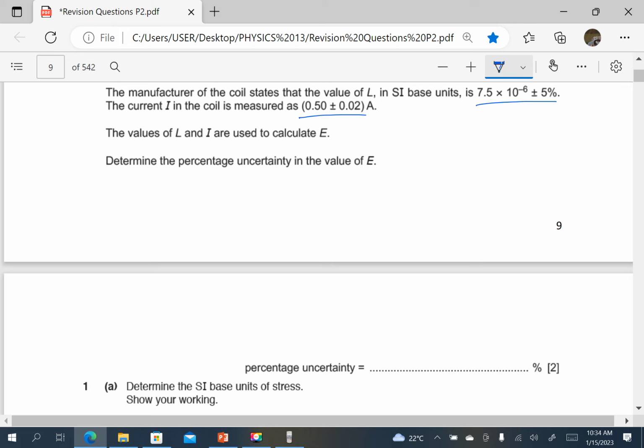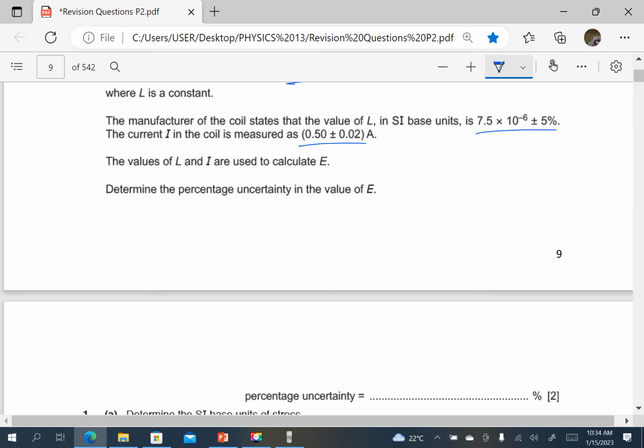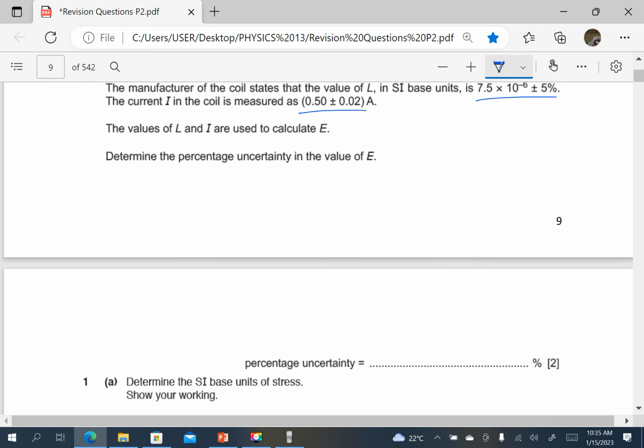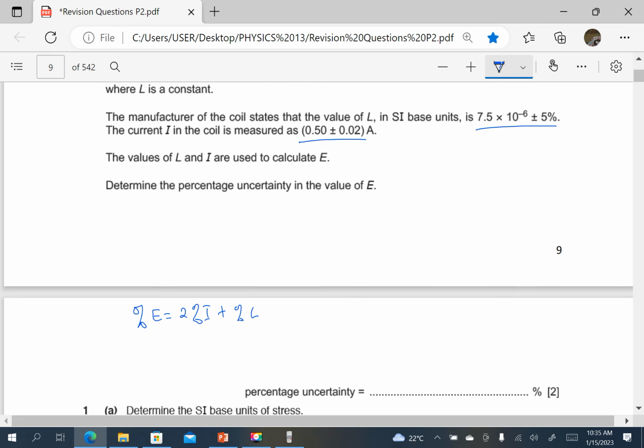Okay, so we want the percentage uncertainty in the value of E. Because of the square on I, we shall add the percentage uncertainties. So percentage uncertainty in E is going to be twice the percentage uncertainty in I plus the percentage uncertainty in L. Percentage in I, we multiply the fraction by 100.